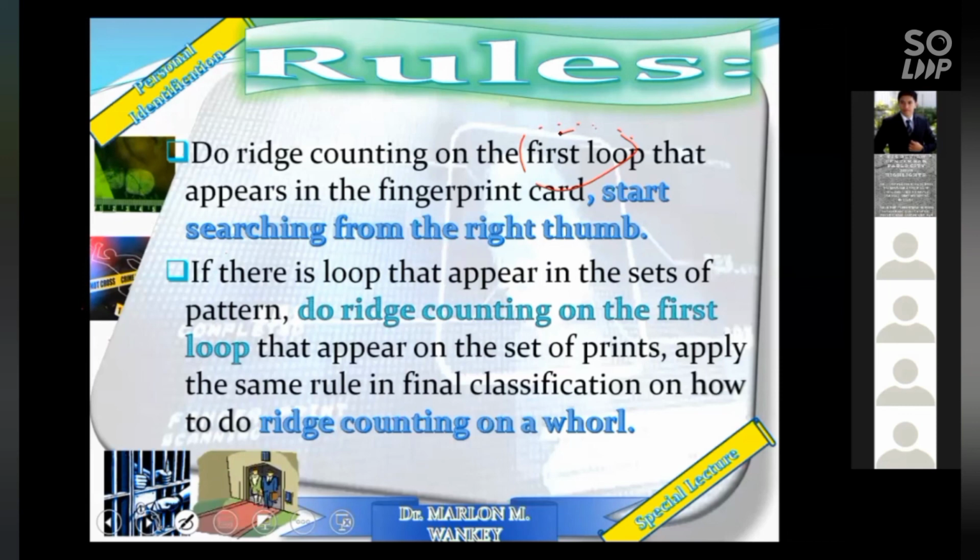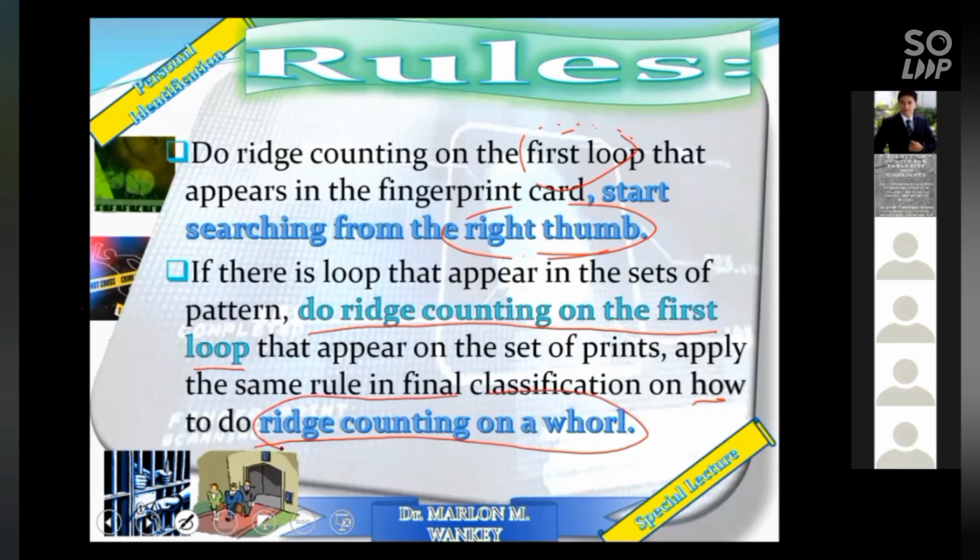Start searching from the right thumb. If there is a loop in the set of patterns, do ridge counting on the first loop. Apply the same rule as in the final classification on how to do ridge counting on a whorl.